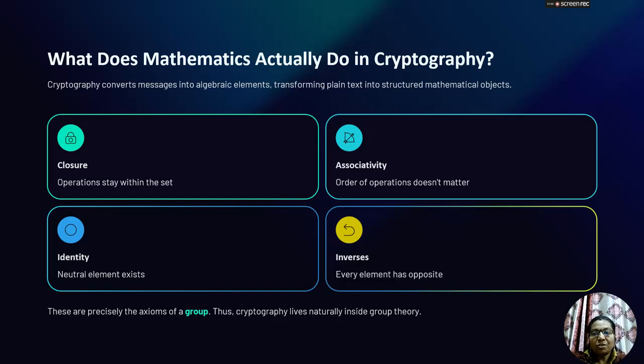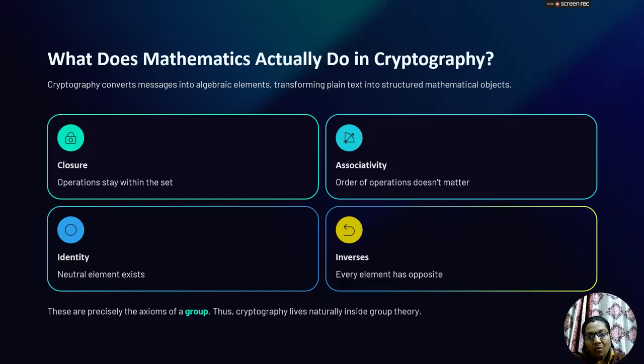In the closure property, we can see the operations stay within the set. In associativity, the order of the operations does not matter; it can be changed. In identity, we can see a neutral element exists, and in inverse, every element has an opposite element.